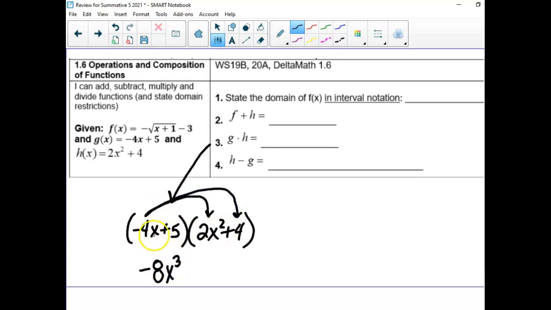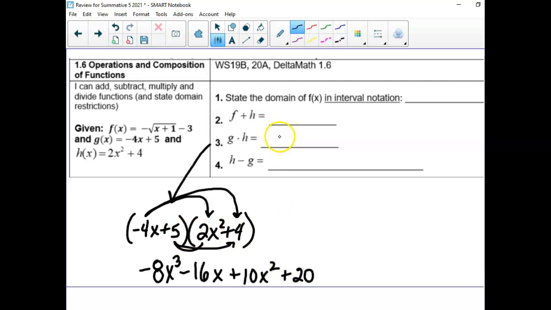If I distribute that negative 4x to the 4 back here, I'd get a negative 16x. The innermost two terms here will be a 5 times a 2x squared. Those are both positive, so I get a 10x squared. I might have said that wrong. 5 times 4 on the back is plus 20.